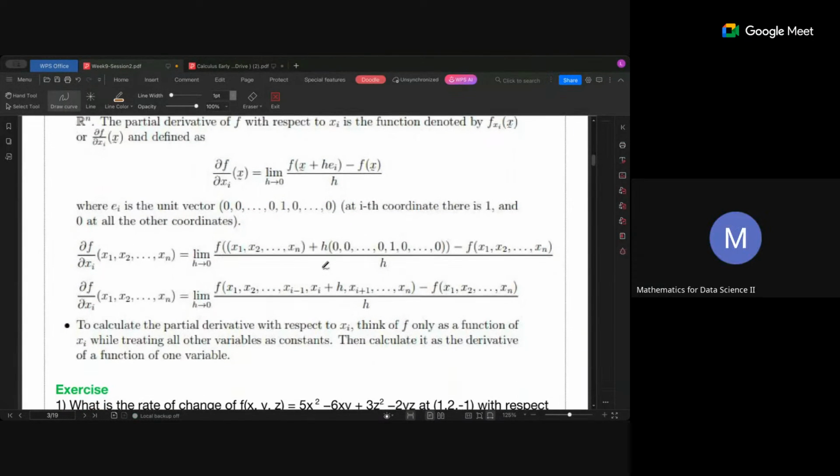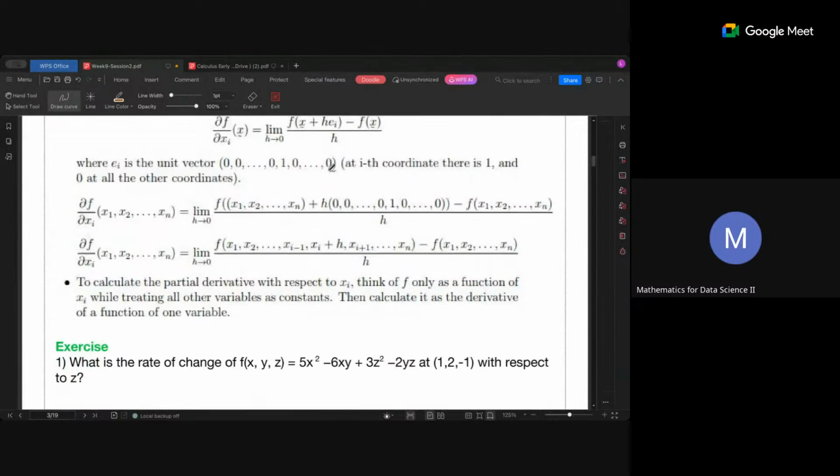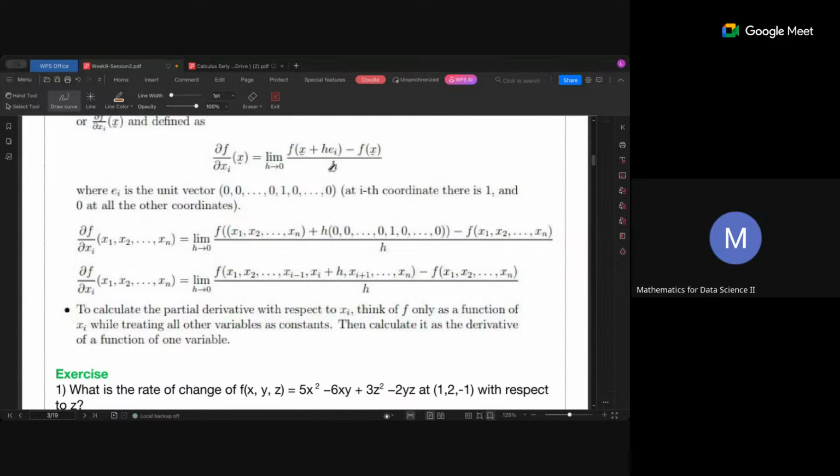So this is the definition using limits, but you know how to do the derivative. You are already very familiar with derivative formulas. So straight away you can use the derivative formulas while computing partial derivatives in most cases.